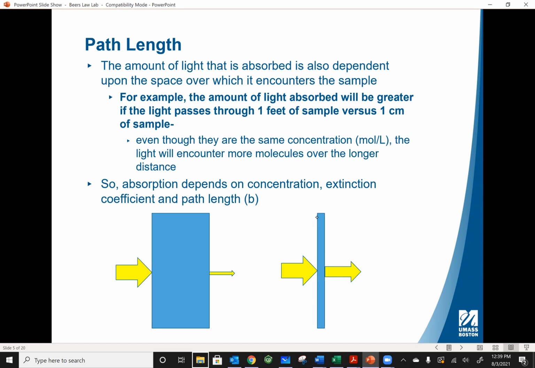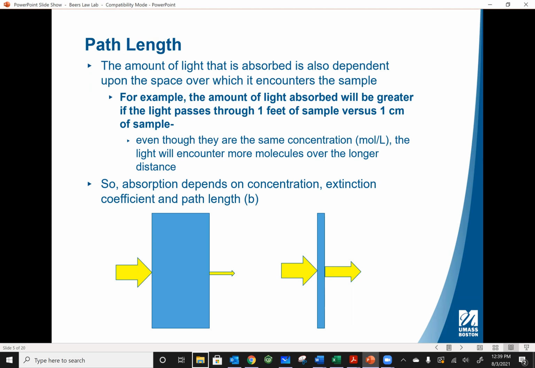Now we have this skinny sample on the side here, and we can see that we start with the same amount of light, but it only passes through a short length. So not as much of the light is absorbed. And so when we are calculating concentration from absorbance, we need to take path length into account.